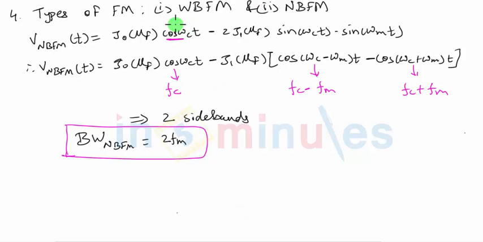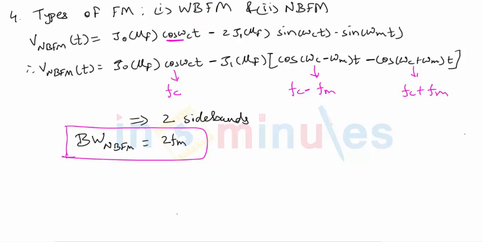In narrowband FM, you can see that when you have cosine form of the carrier taken here, the form of the carrier which appears in the second term is sine omega ct. So there's a 90-degree phase shift that has taken place in the carrier form from cosine to sine.